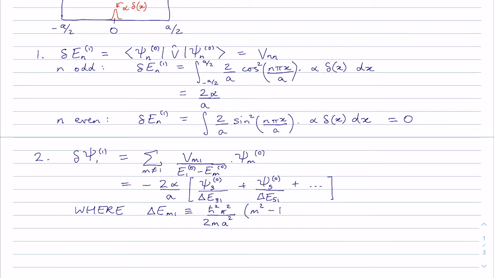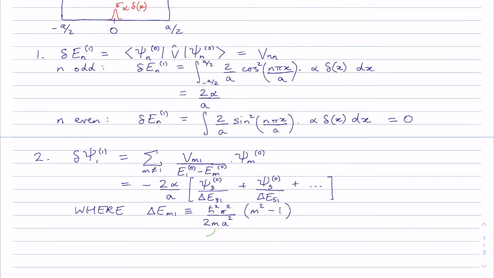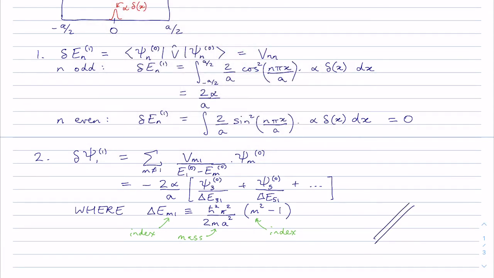I'm not going to correct it because it's so common that you need to be able to recognize which one's mass and which one's not mass in everyday life. Mass index. Okay, and so this gives you your correction to the wave function. And so this is pretty much all you can do. You can't really go much further than this. So we'll cut that one off.